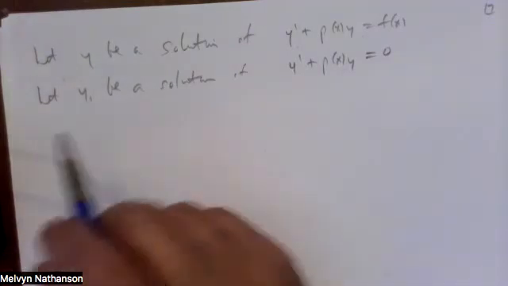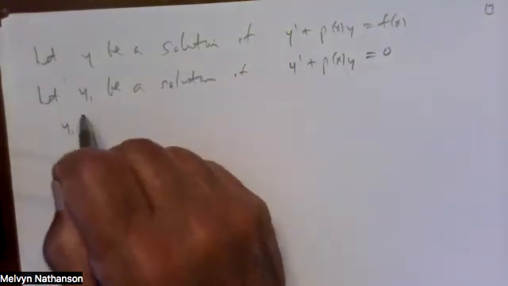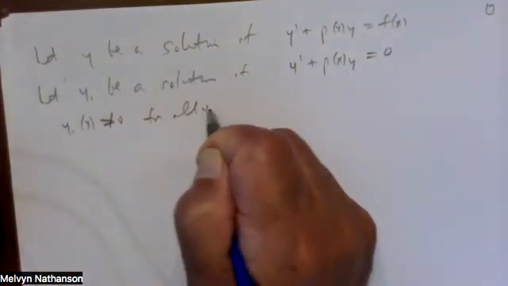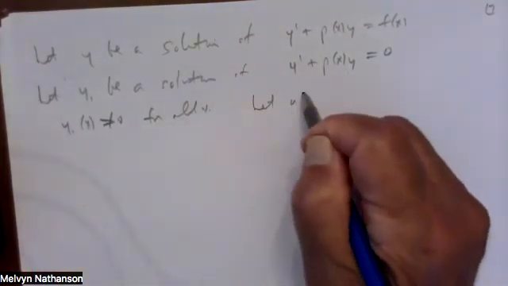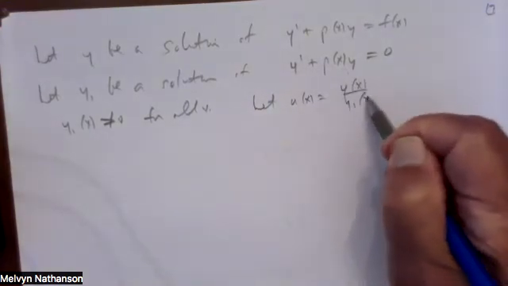So if y is the solution of this equation, y1 of x is different from 0 for all x. So we can always divide by it. So let u of x be y of x divided by y1 of x.